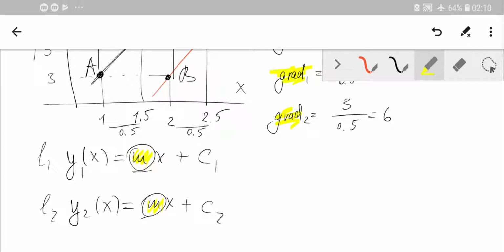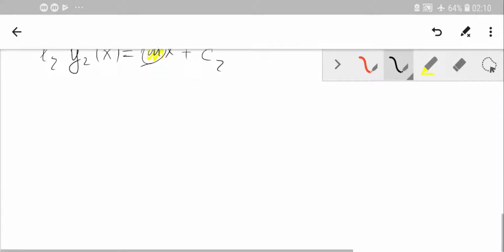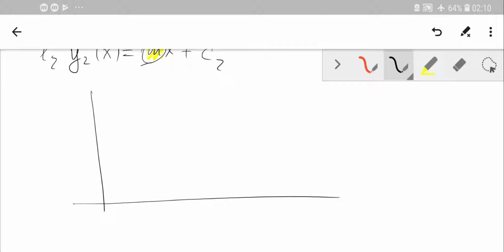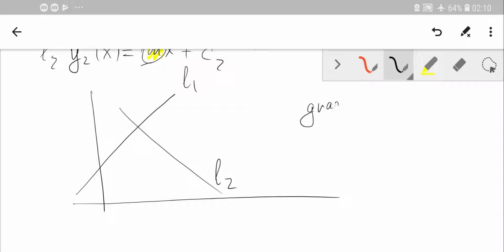Okay, what about perpendicular lines? What if lines, or segments, are perpendicular to each other? For example, we have one line, L1, and another line, L2. What can you say about the gradients of each line, how they are interrelated? We want to connect gradient 1 and gradient 2 as gradients of the corresponding lines.